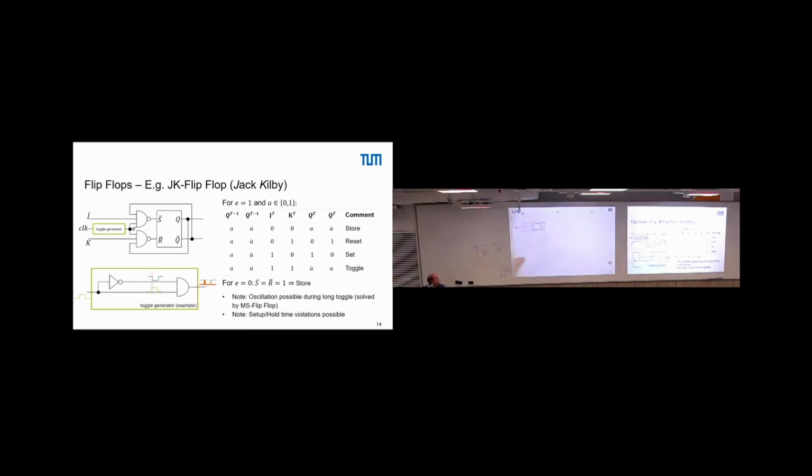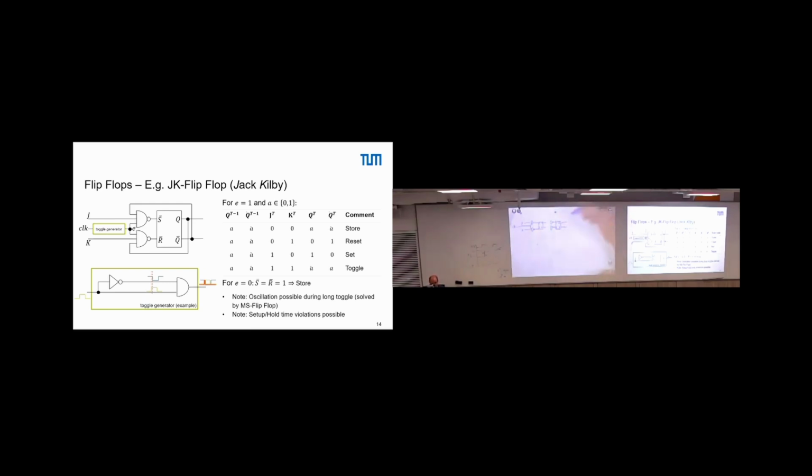So now the thing should toggle if JK has some values and if the clock is high, right? Now the output of this we send to a second flip-flop. So we have a second latch here, S bar, R bar, and again Q bar, and again I form something like this JK flip-flop.